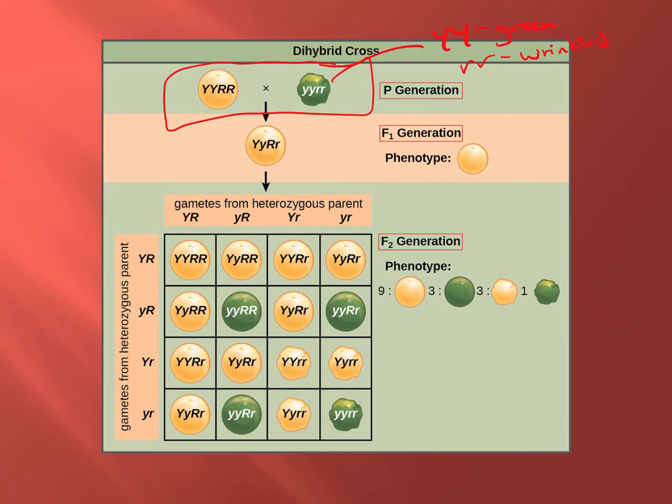Okay, which then means that the dominant gene is yellow, and the recessive gene is green, and the dominant gene in terms of the shape is round. So just that first picture tells you all of that about that parent generation, okay? Because in both cases you have the purebred form of both the color and the shape.